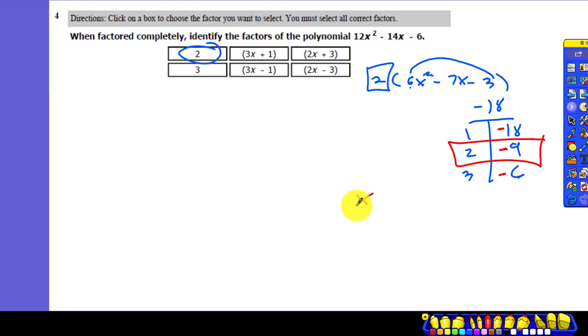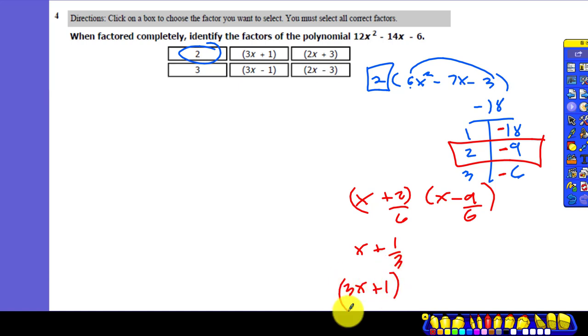Now these will be your factors: x plus 2, x minus 9. But we are not yet done. Why? We divide by 6. Now what is 2 over 6? 1/3. So we move the 3 close to x plus 1. What about 9 over 6? That's just 3 over 2. Move 2 close to your x minus 3.